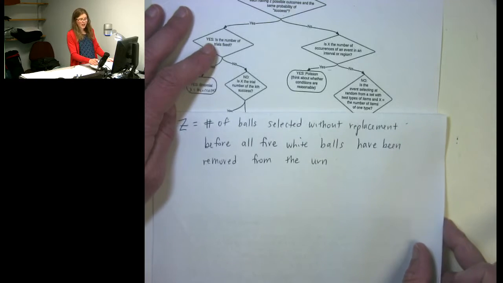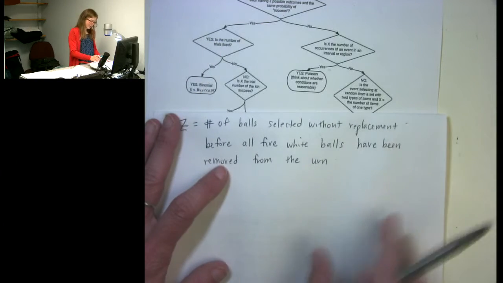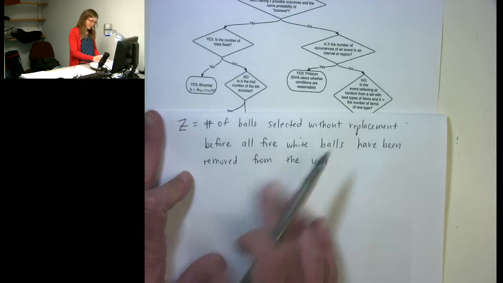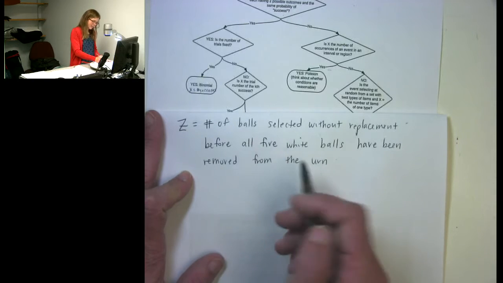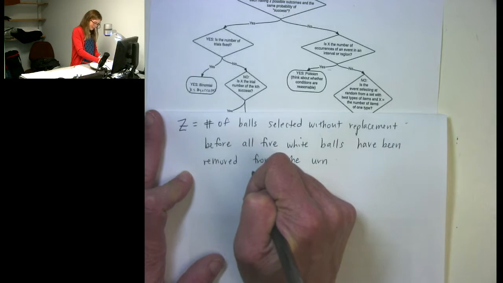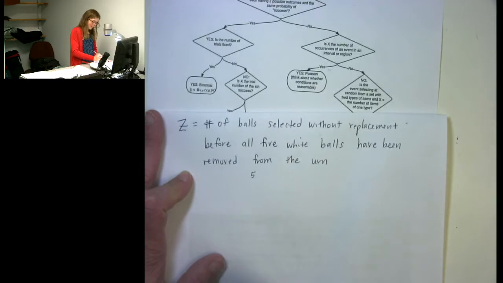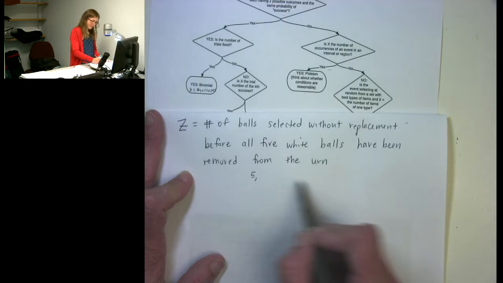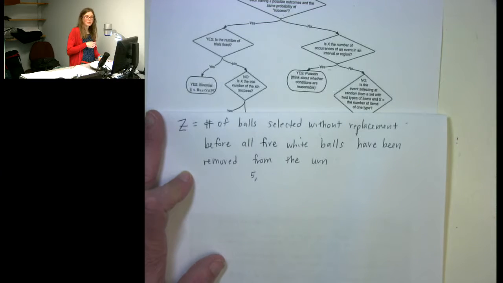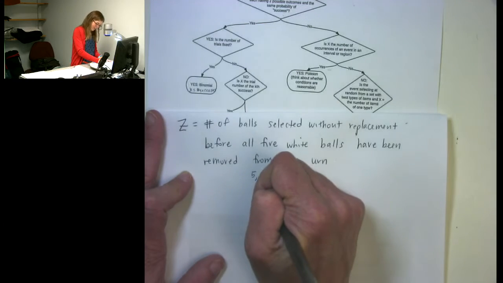The outcomes that are possible, think about it, I would have to choose at least 5 balls in order to have all 5 white ones. And if the last ball I pulled out happened to be white, then I could also have up to 30 balls that I needed to remove for this to happen.